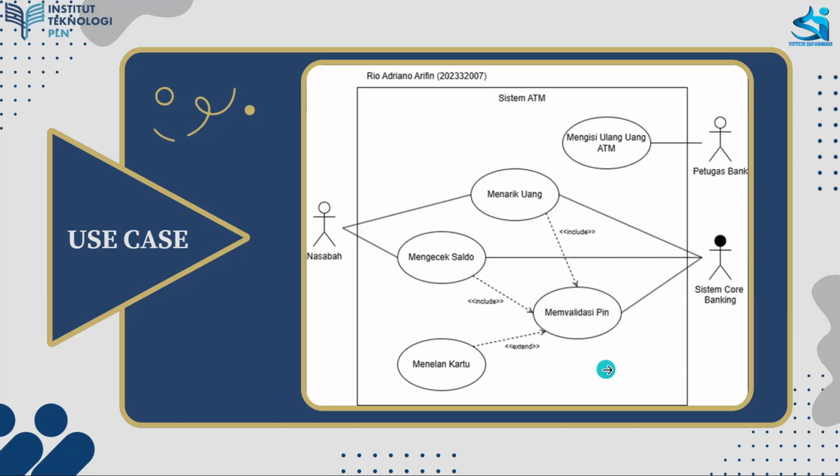This is the include relationship. In UML, include means that a use case must contain the functionality of another use case. It is a mandatory, non-optional step. This perfectly models our requirement. It means a customer cannot check their balance and they cannot withdraw cash without first successfully completing the validate PIN use case.